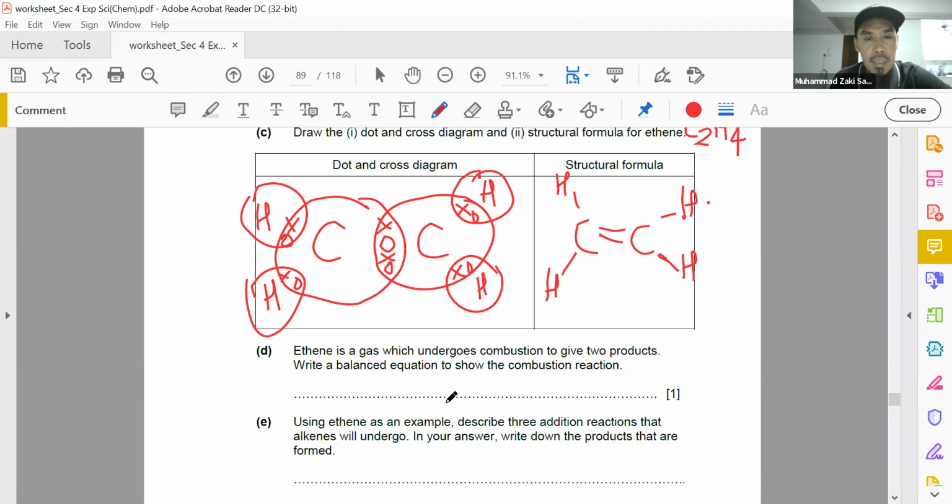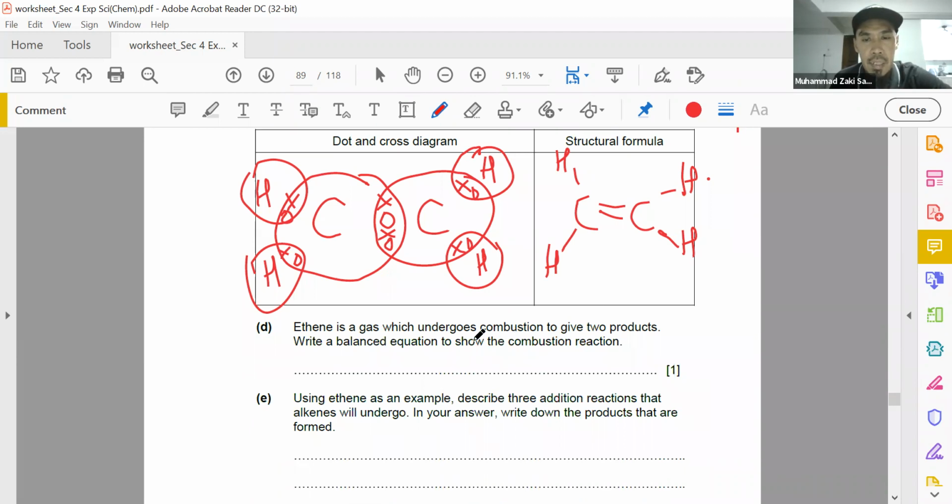Next, ethene is a gas and it undergoes combustion to give two products. Write the balanced equation to show the combustion reaction. What is the word equation for combustion of ethene? Ethene, when it combusts or burns in oxygen, gives carbon dioxide and water. So the balanced equation: ethene, C2H4.